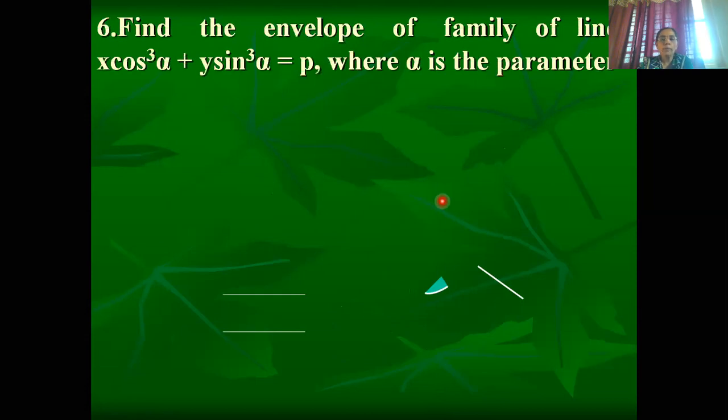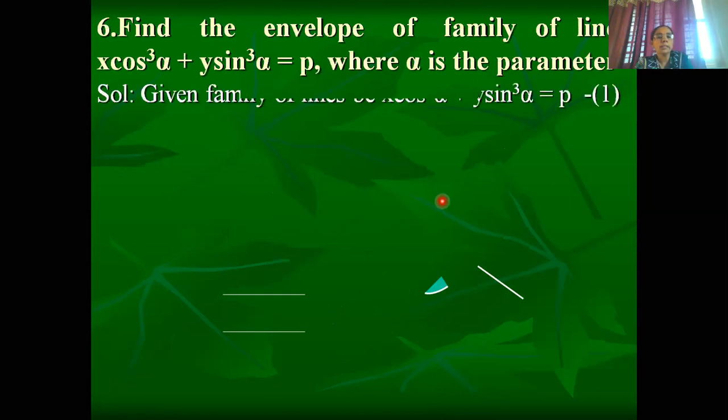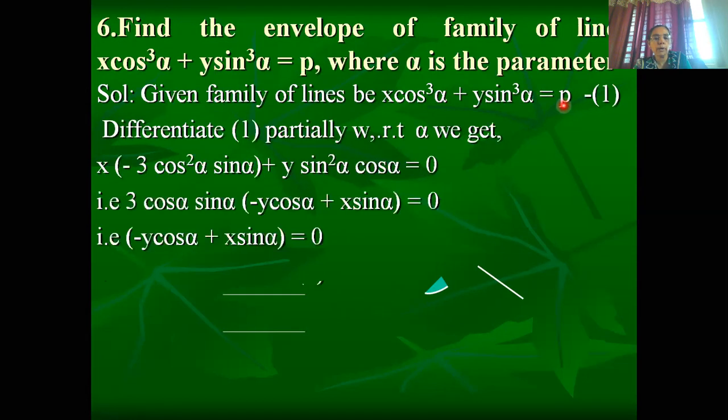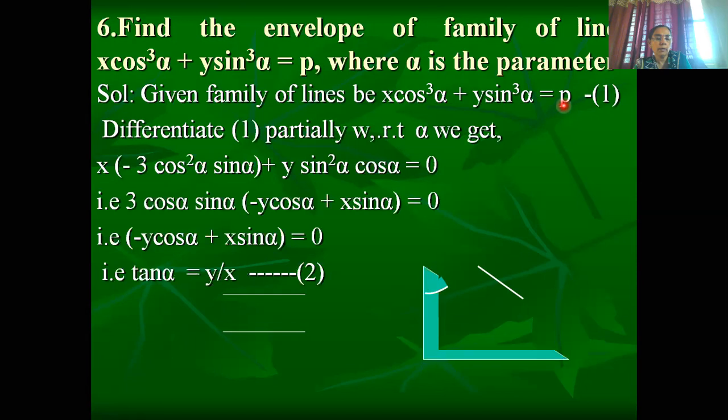Then find the envelope of the family of lines x cos cube alpha plus y sin cube alpha is equal to p. Here you cannot see this equation because of the toolbar, so I'll take that equation here as equation 1. Again the same procedure: differentiate partially with respect to alpha, simplify, and get the value of tan alpha, that is y by x.